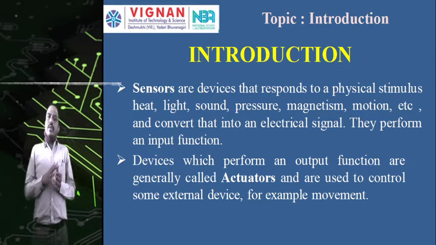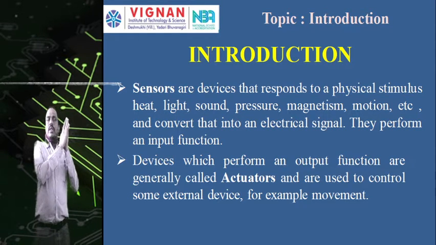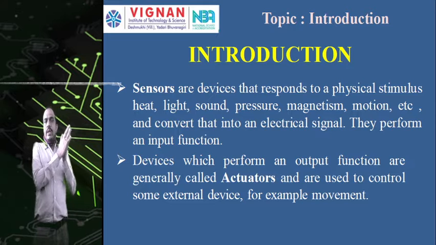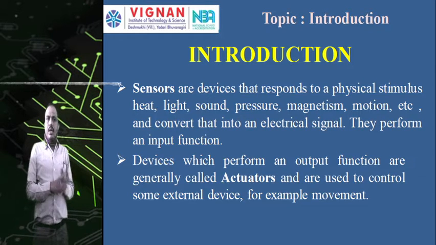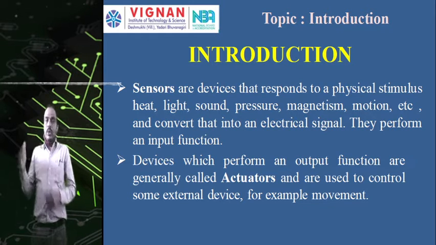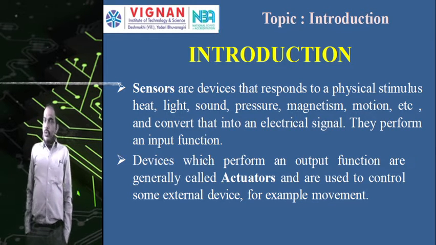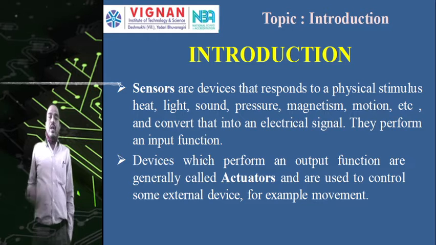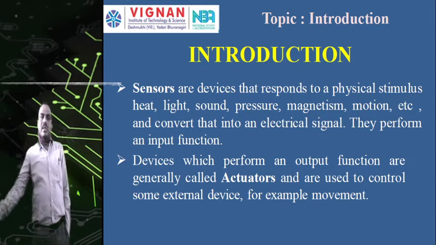As we have already discussed, in the measurement system the first part is the sensor, next the variable conversion element, after that the signal conditioning element, then the output device. So general sensors are used for converting physical quantities like pressure, sound, temperature, flow into some electrical signal.